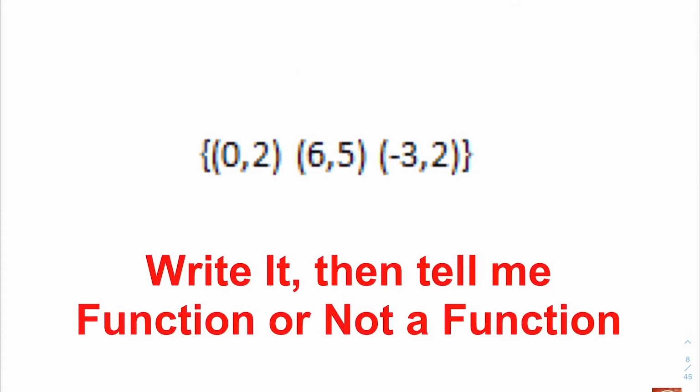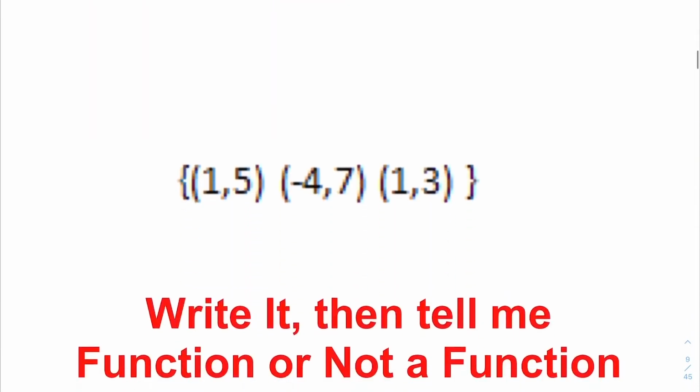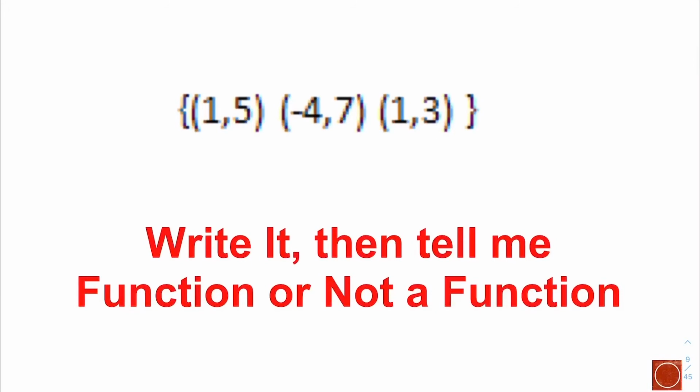Write these ones down. This is example. Write it in your notebook and label it as function or not a function. Does the X repeat? No, it doesn't, so this is a function. Write this one down, and then label it as function or not a function.